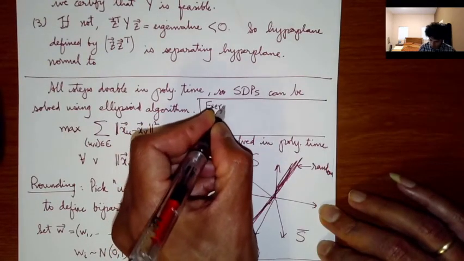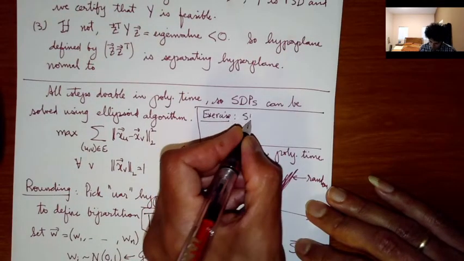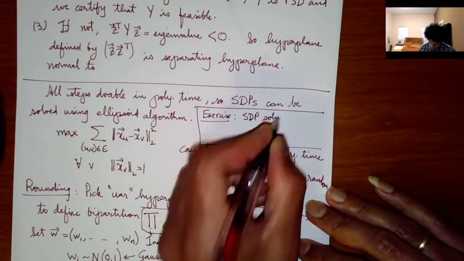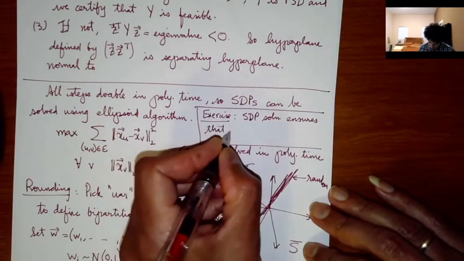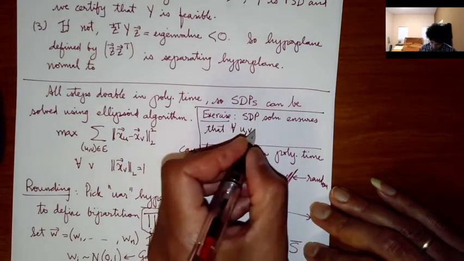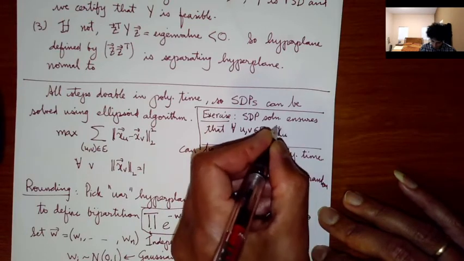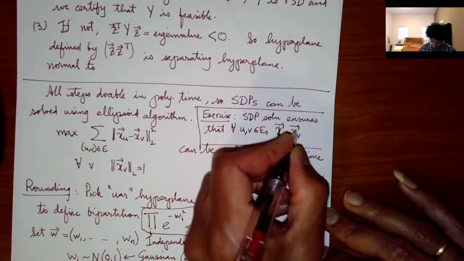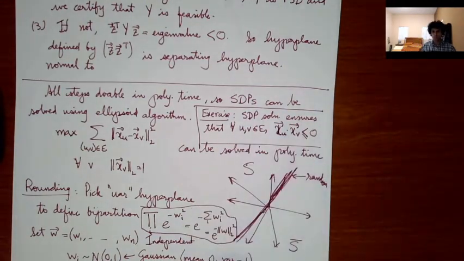The exercise is that the SDP solution ensures that for all uv in E, the dot product of xu and xv is going to be less than or equal to 0. You can actually argue that all the vectors are going to form obtuse angles.